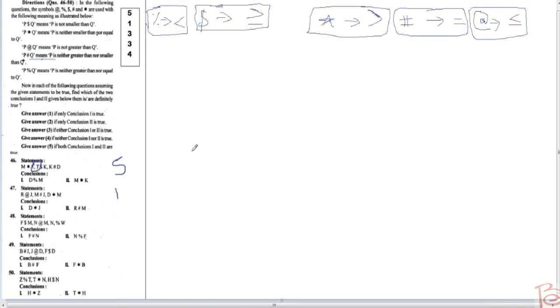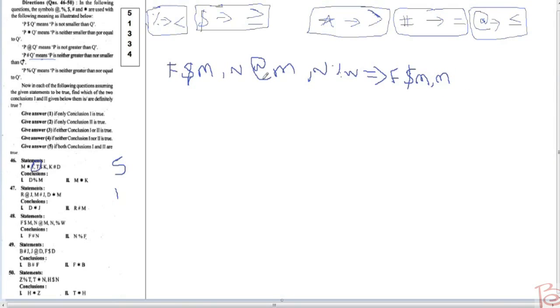The third sum, and even here it is not arranged properly. So f dollar m, n at m, n percentage w. The first step for me is to convert it into the ordered fashion, that is r dollar sign m, comma, m.